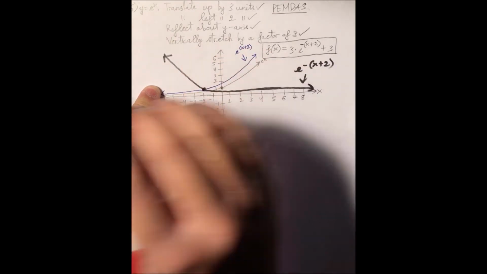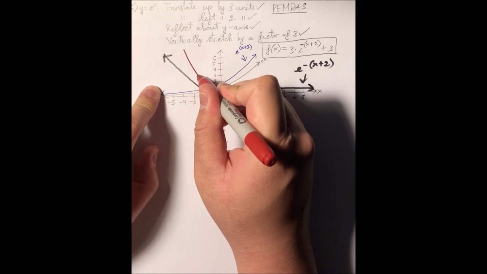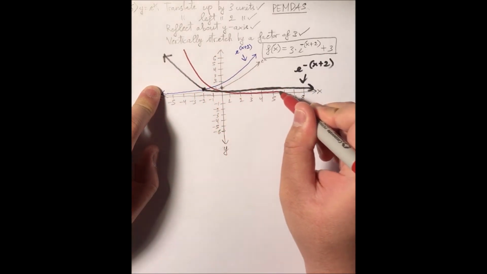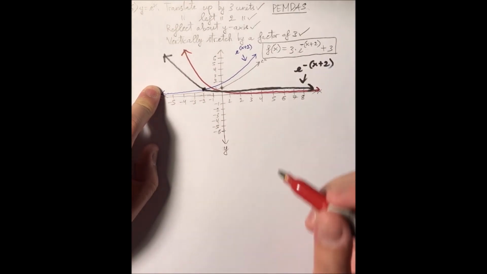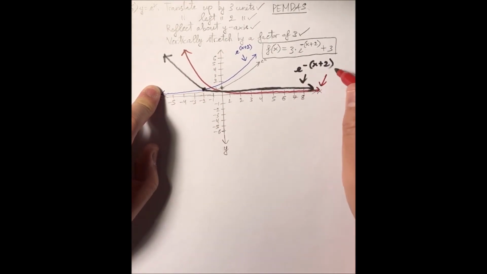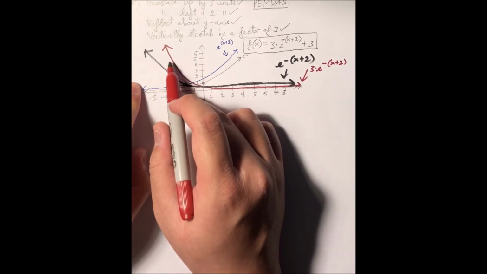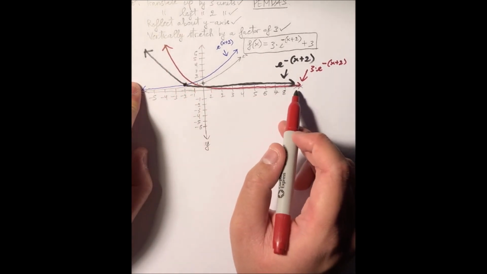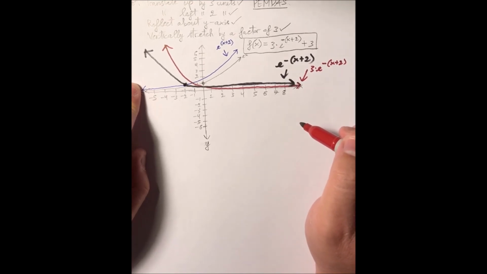It's probably going to pass through somewhere like this. So the one in red is 3 times e raised to the negative of x plus 2. And of course, note that even though it looks like the graph in the red is touching the x-axis, it's not touching. It's actually just getting extremely close to the x-axis, but it's not supposed to be touching that.